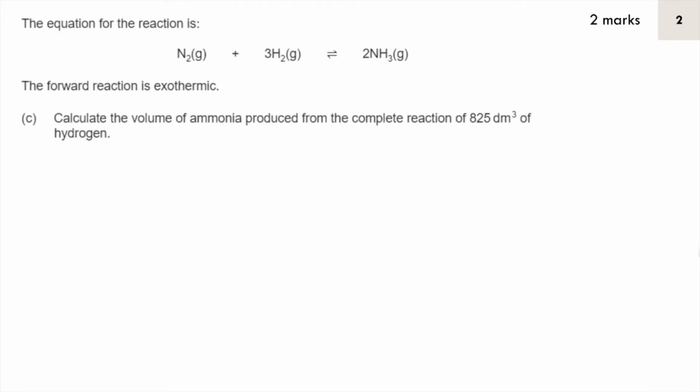Pause the video, give it a go and replay when you are ready. So we have been given the volume of hydrogen and it's 825 decimeters cubed. So we can use this mole ratio of hydrogen moles that are reacted and how many ammonia moles are formed to find out the volume of ammonia. Okay, so the number of moles of hydrogen to ammonia in the equation we've been given is 3:2.